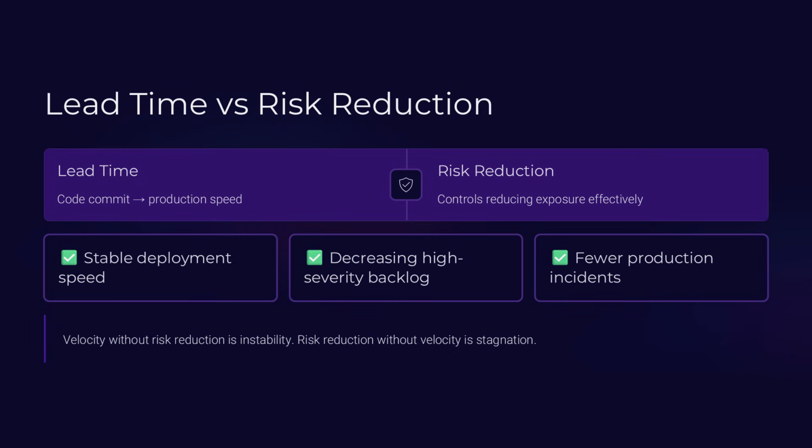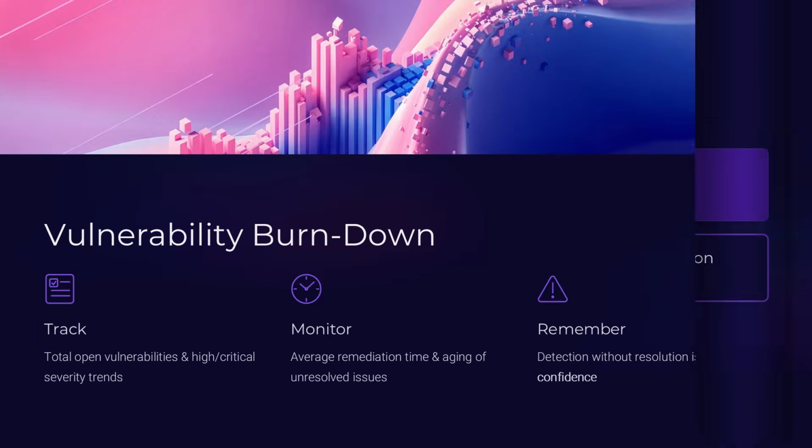In mature DevSecOps environments, lead time remains optimized while risk metrics improve simultaneously. You should aim for stable or improved deployment speed, decreasing high severity vulnerability backlog, reduced misconfiguration rates, fewer production security incidents. Velocity without risk reduction is instability. Risk reduction without velocity is stagnation. Your scorecard must reflect both.